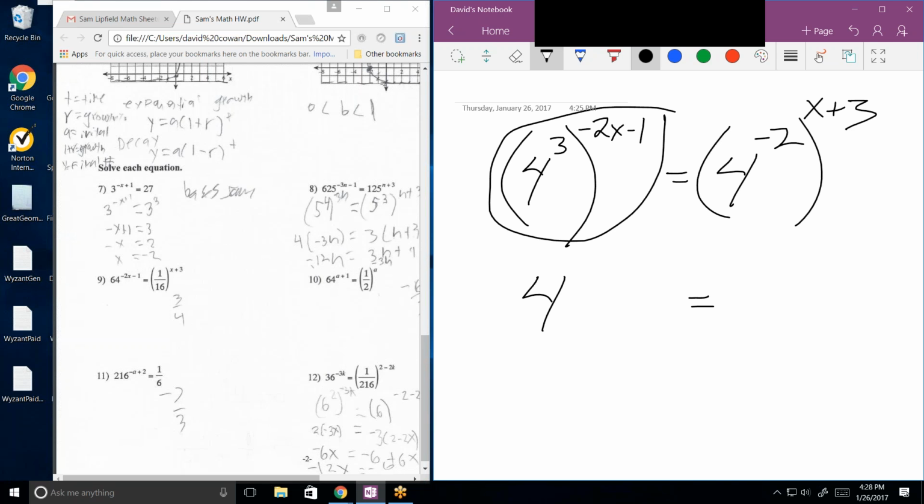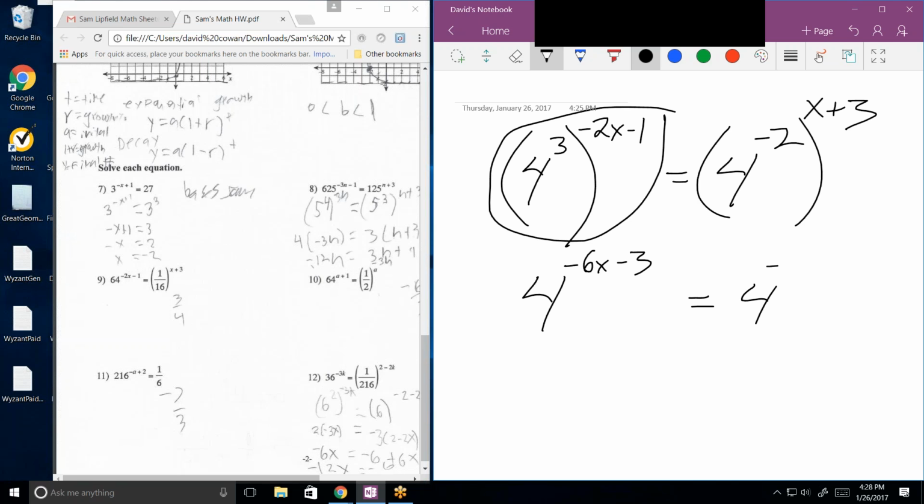So what's the next line on the left? Multiply them. What do you get? What's 3 times minus 2x minus 1? Minus 6x minus 3. And what's on the right side?